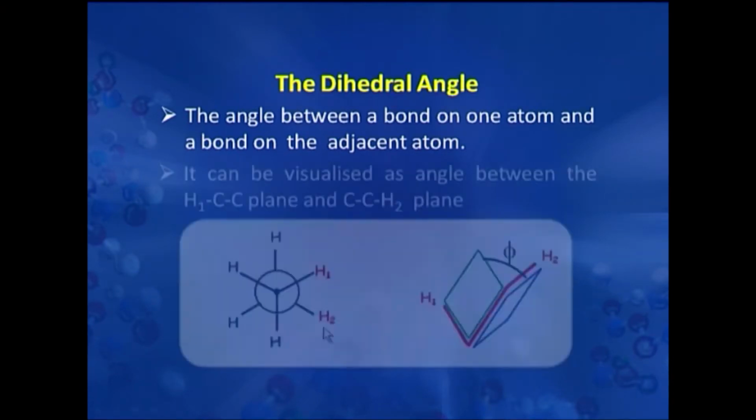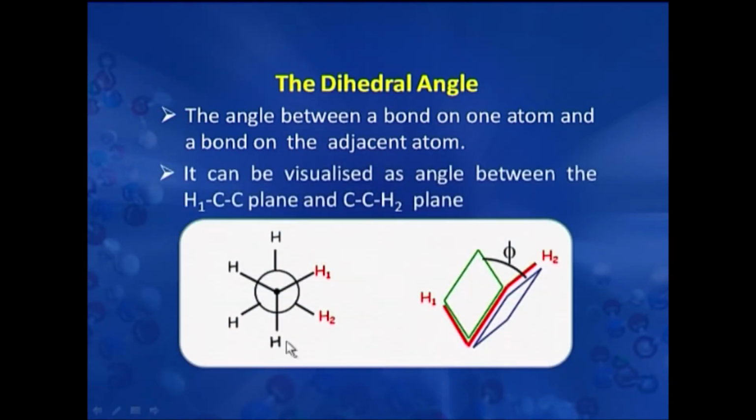Say this is the staggered conformation for ethane, and I have just numbered here two hydrogen atoms, H1 and H2. There is a plane that is formed by this H1, this carbon and the carbon behind it, and there is another plane which is formed by this hydrogen numbered as H2, then the carbon behind it and this front carbon, and the angle between these two planes is called dihedral angle.